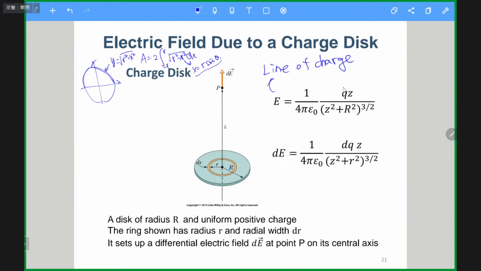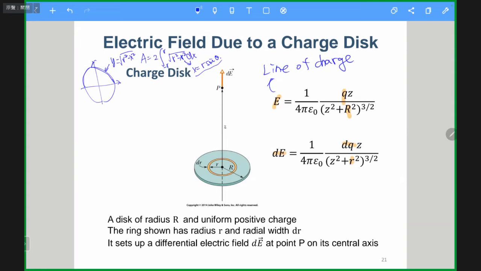And then this is Q, and we call it dQ for a ring. The other stuff is the same. So the difference is that we change E to dE, change Q to dQ, and change capital R to small r. Other stuff is the same.